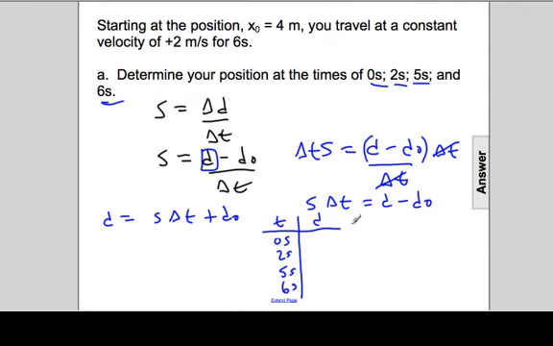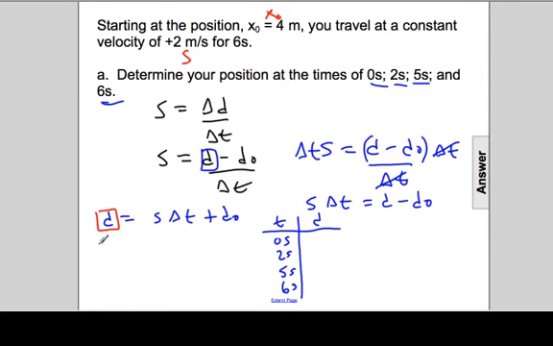So now we have an equation that we can use to compute the values for d at those various points in time, based on knowing the speed, the initial location, x naught, which is d naught, and how much elapsed time has gone by.